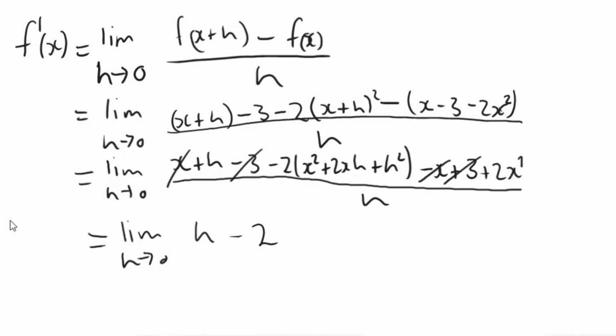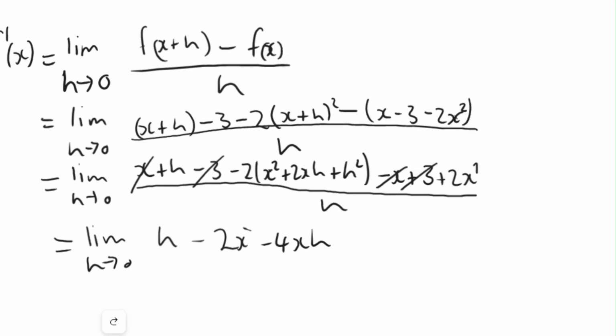Minus 2x squared minus 4xh. This is this one and this one. And then this one here, and the h squared, it will give us minus 2h squared. And then we still have this plus 2x squared there. Remember this was minus 2x squared resulting from there.